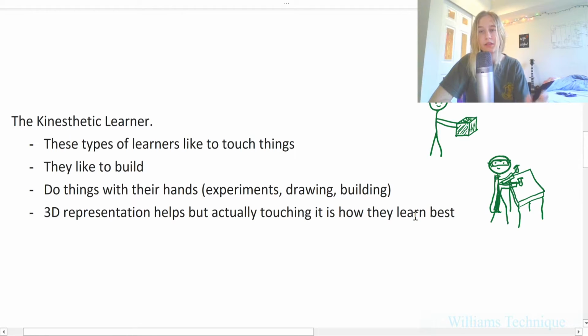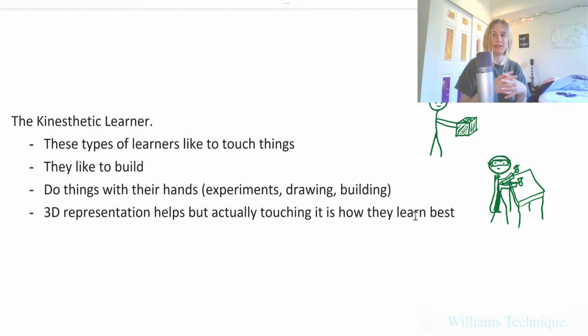A kinesthetic learner is someone who likes to be hands-on with things. They like to build things or experiment or maybe even draw. Usually this is pretty useful in science, mainly if you're doing a physics experiment. It's usually hands-on, especially if you're in a lab class or in a chemistry lab.